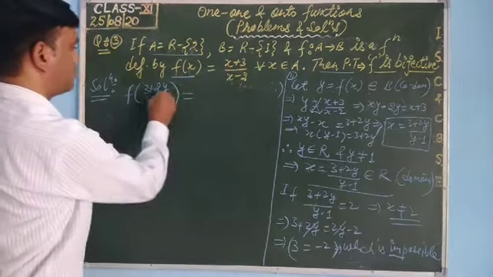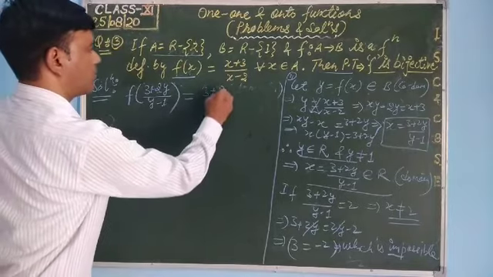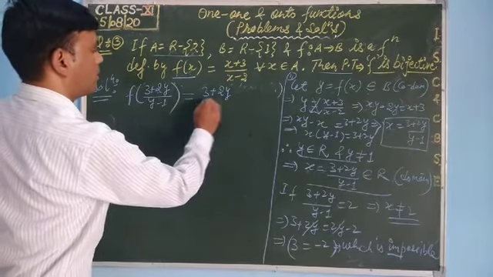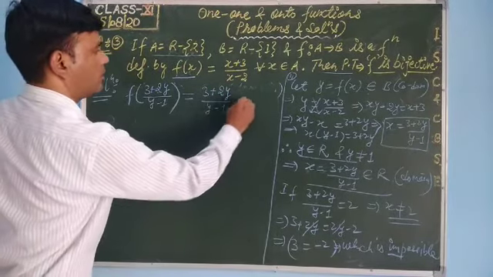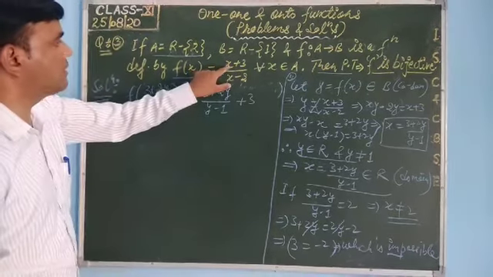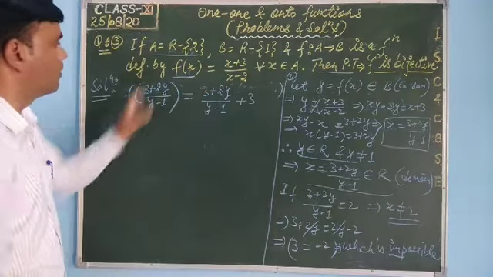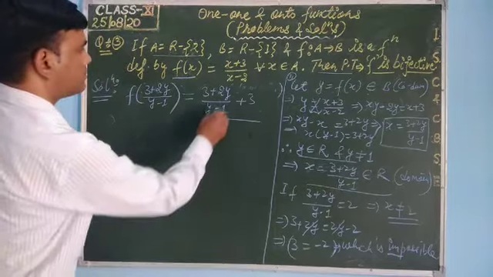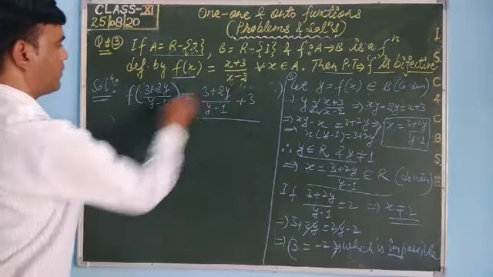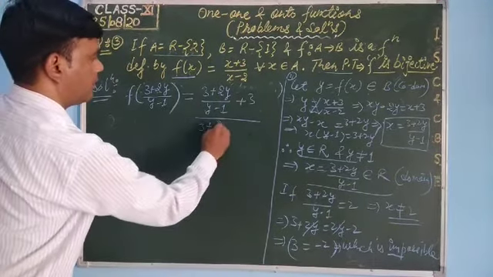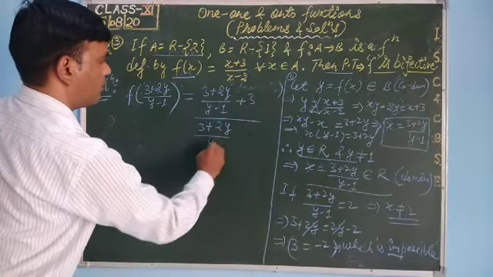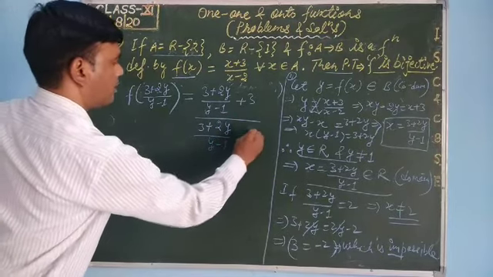So in place of x, we will put this value (3 plus 2y) upon (y minus 1), plus 3, upon, again this x of the denominator will be replaced by this, (3 plus 2y) upon (y minus 1), minus 2.